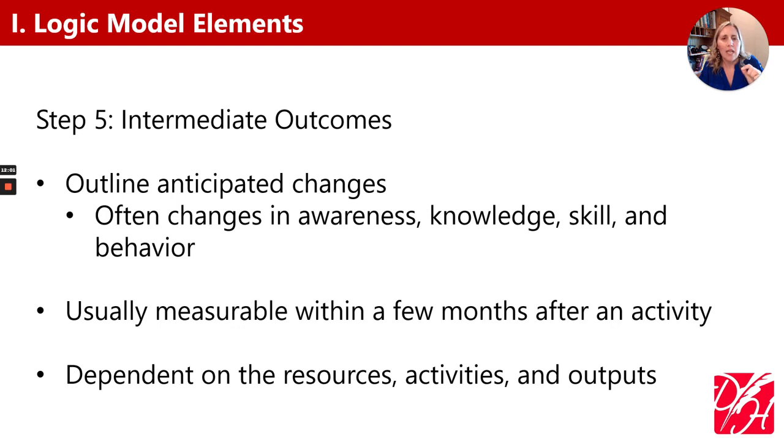What are the anticipated changes? Again, awareness, knowledge, skill, and behavior. What are those anticipated changes that we would expect to see a few months after the activity has happened? This takes time and effort and money in order to be able to track.